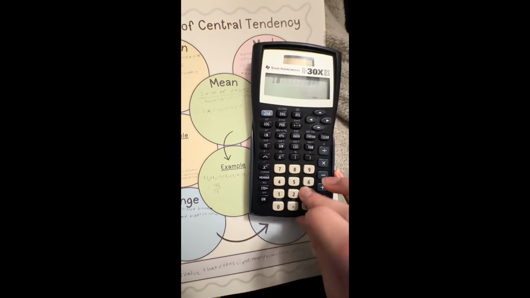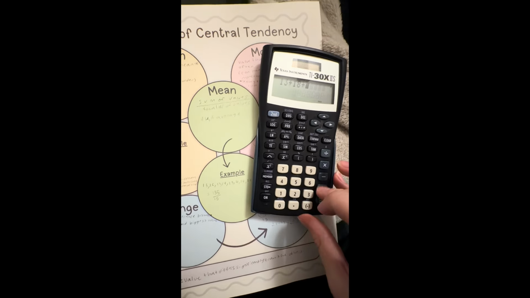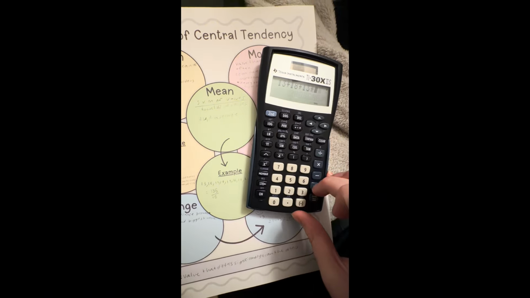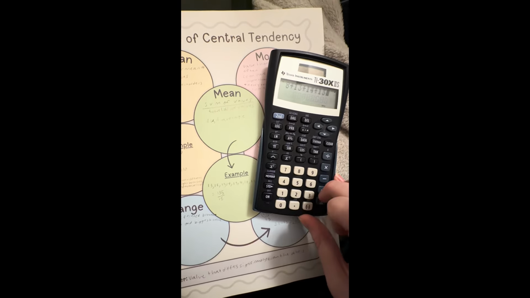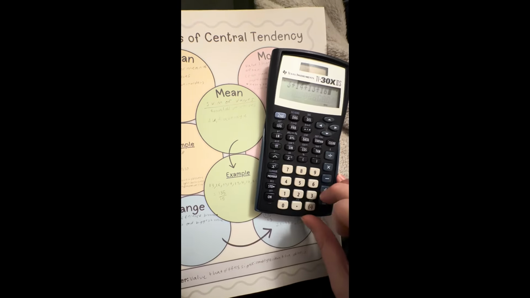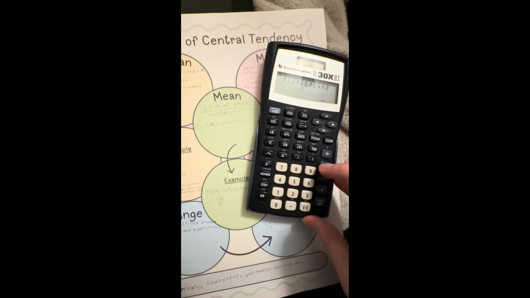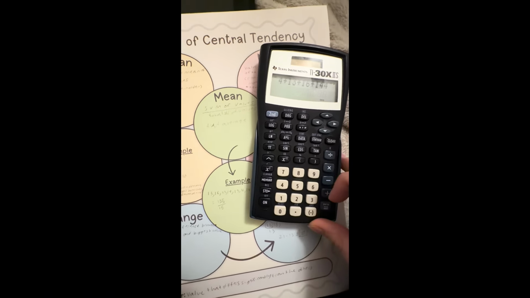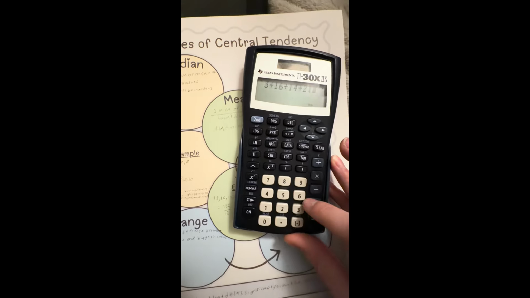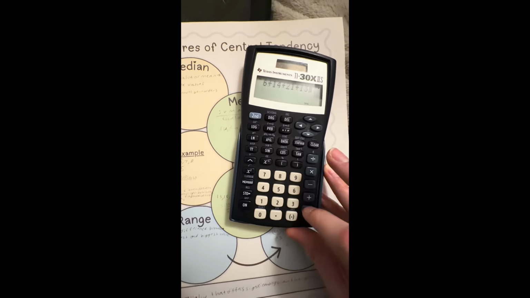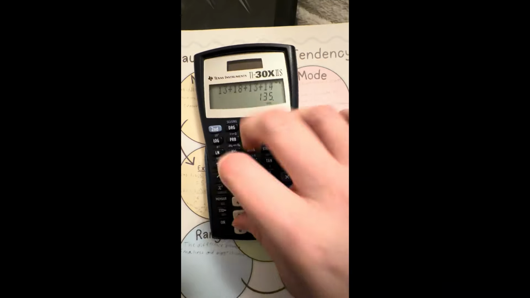So here you would do 13 plus 18 plus 13 plus 14 plus 13 plus 16 plus 14 again. Plus 14 plus 21 plus 13. And that results in 135.